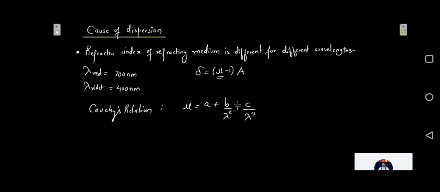In this, A, B, C are constants, the values of which depend upon the nature of the material.